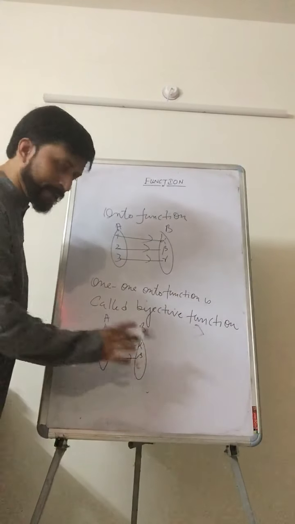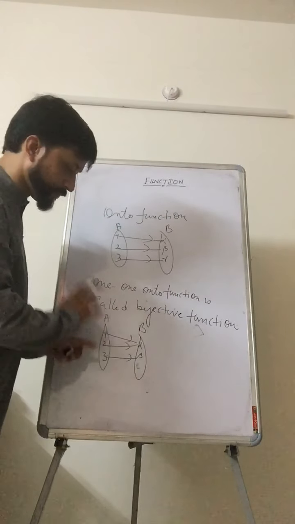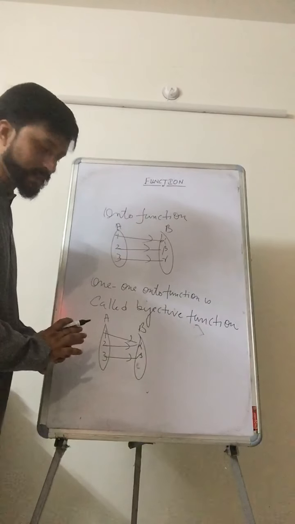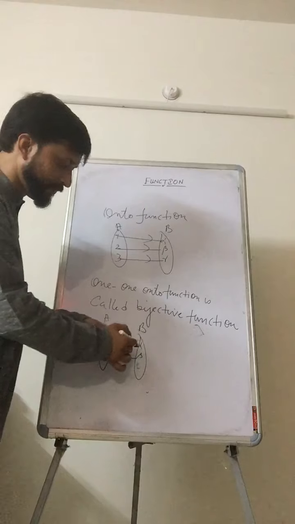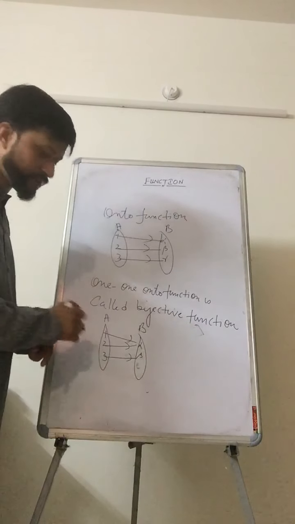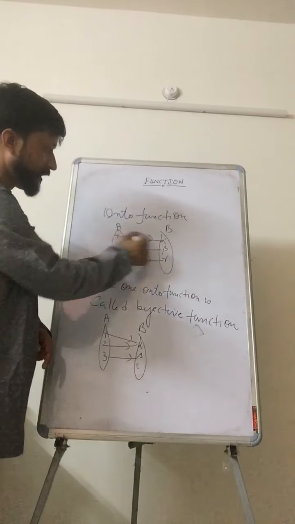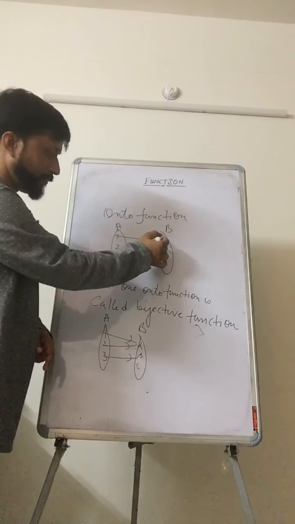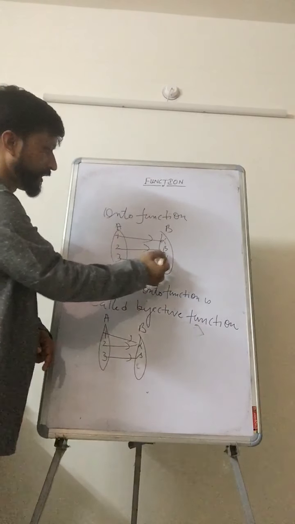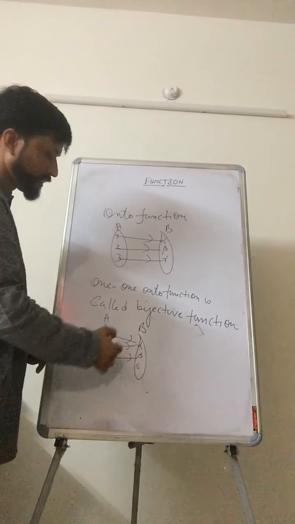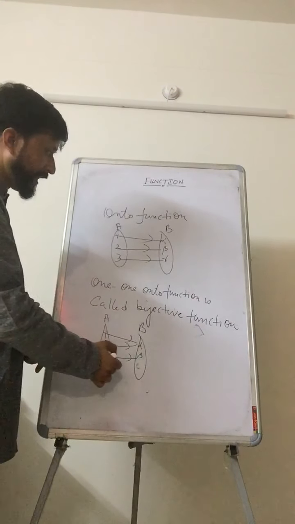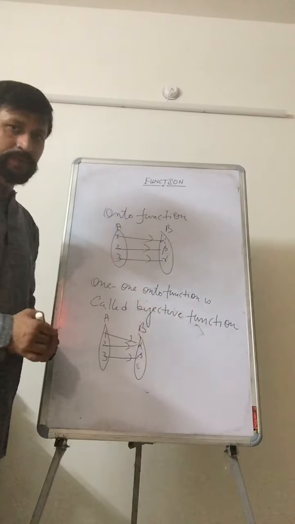Now no extra element is there which is unused. So this is your onto function, and since two different elements have got the same image, this you can also put as the image of these two elements. We also use this term image. Alpha is the image of 1, beta is the image of 2, gamma is the image of 3. So this is an example of many one onto function.